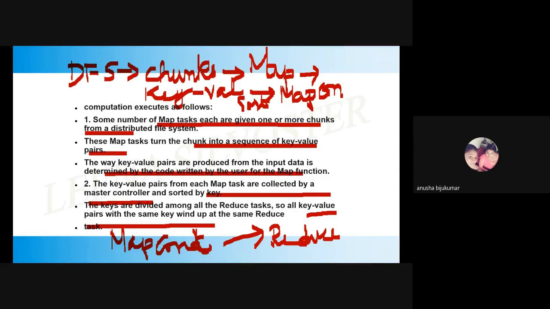So first of all, from the DFS you will get the chunks and the chunks are given to map tasks, and map tasks will generate key value pairs, and these are sorted by the master controller, and keys are divided among reduce tasks.